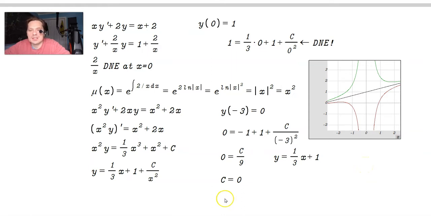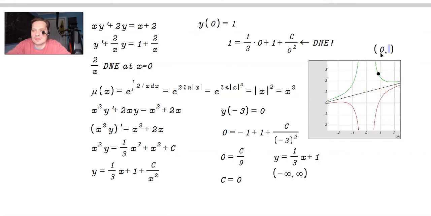You could say essentially the following: in the case of the solution where y equals 1/3 x plus 1, this is valid from negative infinity through positive infinity this way. Some of these other ones are definitely not valid there. So if you have a solution going through this point right here, that's valid only from 0 to positive infinity.